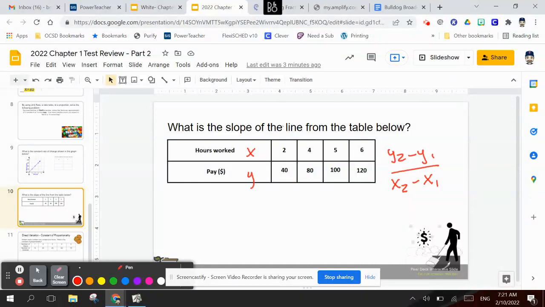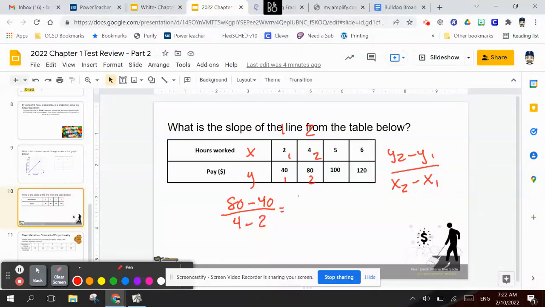So here's x1, here's x2, here's y1 and y2. So y2 would be 80 minus y1, which is 40. And I'm going to divide that by x2, which is 4, minus x1, which is 2.